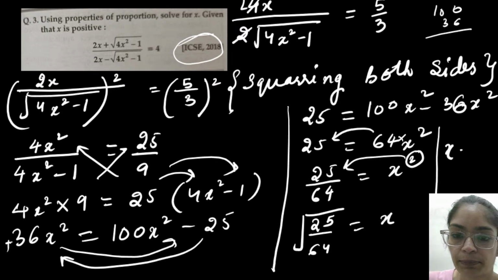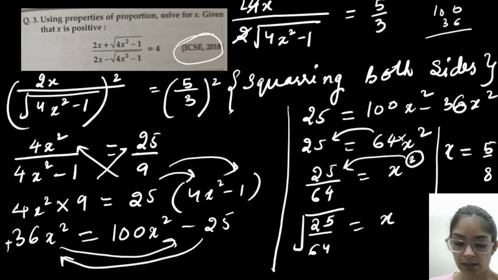Is it only 5 by 8? Aditya, Navya, Shriyasi, Yatin, whoever is answering, is it only 5 by 8? Let's see who will give the correct answer. I don't think it is only 5 by 8.